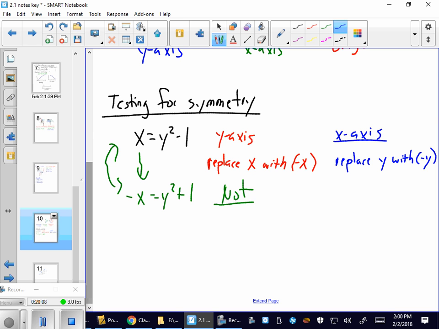If I replace the y right there with a negative y, I get x equals, plug in the negative y, square it, minus 1. Well, negative y times negative y is y squared, minus 1. These two things are the same, which means this graph is symmetric to the x-axis.